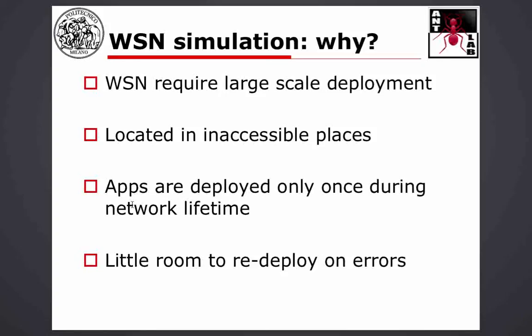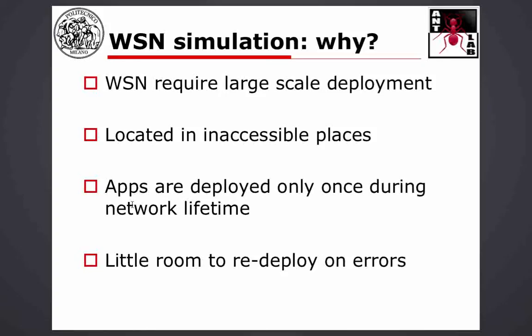Typically, also, these deployments are located in inaccessible places, okay? I don't know, a volcano, a forest where you want to monitor the temperature, or doing some kind of, for example, fire monitoring. They are embedded on bridges to monitor the vibrations and this kind of stuff. So it's difficult to actually go there and see if they work or not.